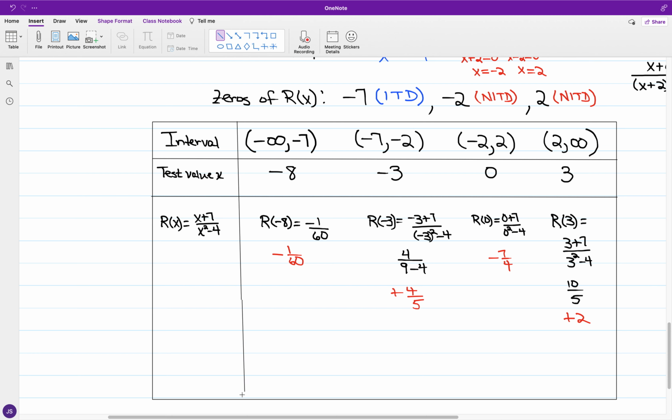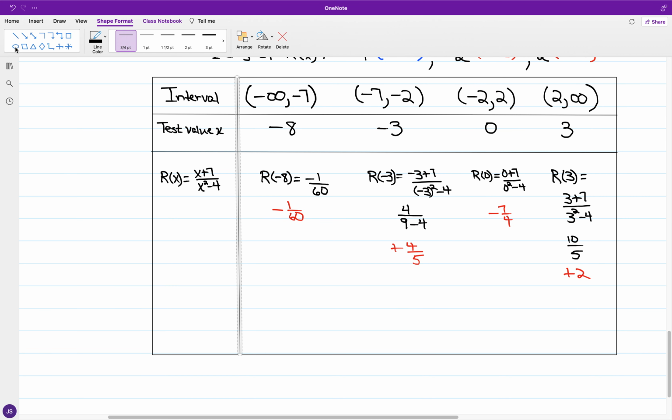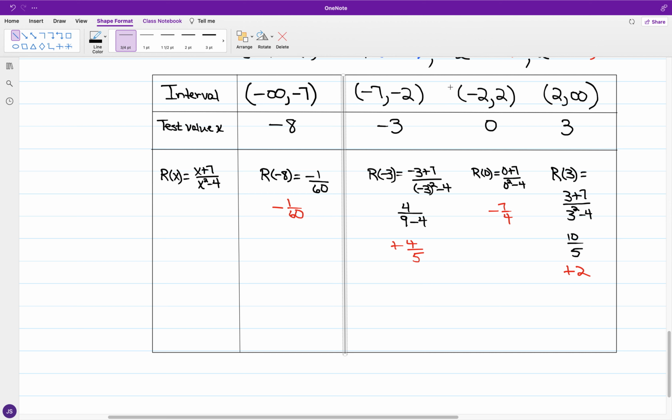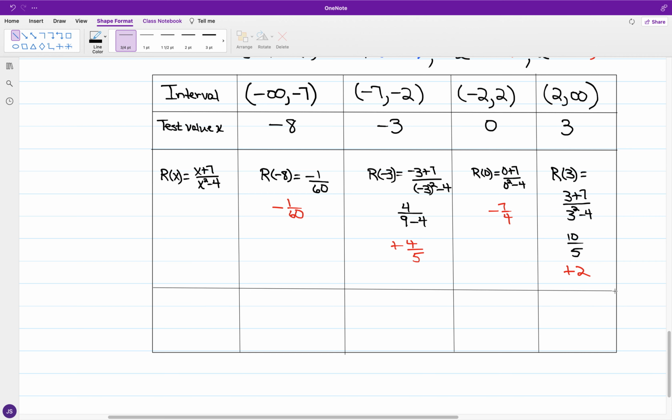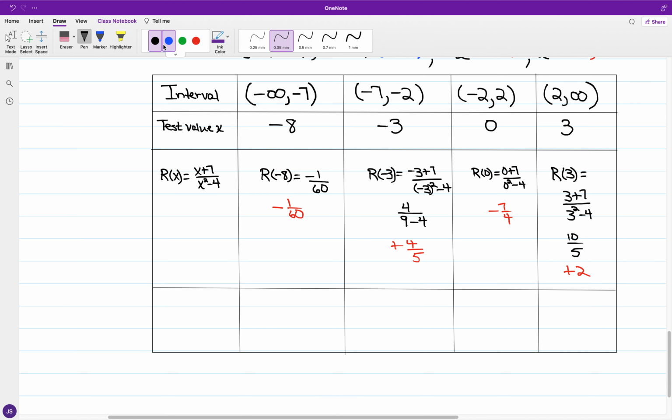And for the remaining category, the sign of the rational function for each interval section: for the sign of r of x, anything selected less than negative 7 for the input, the output is going to be negative, so r of x is less than 0.